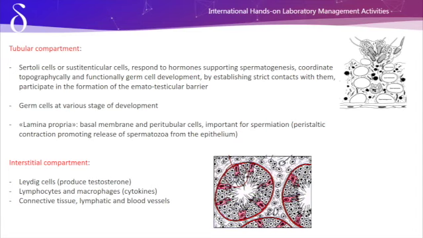And in particular, Sertoli cells respond to testosterone and the other hormones that support spermatogenesis. But in the interstitial compartment are also present lymphocytes and macrophages that produce other substances that may be important for spermatogenesis, like cytokines, and also connective tissue, lymphatics, and of course blood vessels.